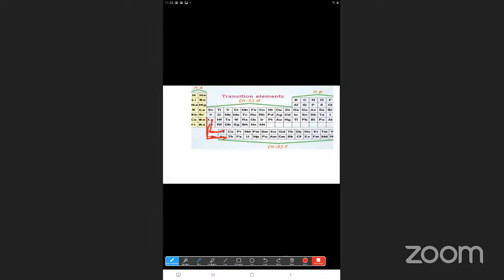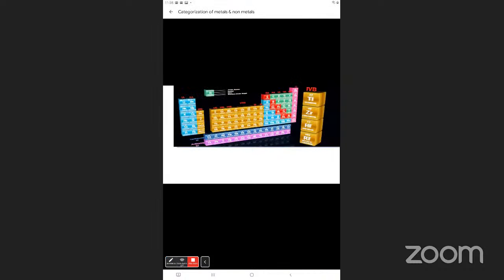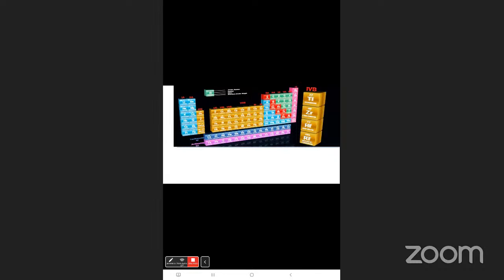When we observe this in the three-dimensional case, we can see this is also in the D block, that means in the main periodic table.